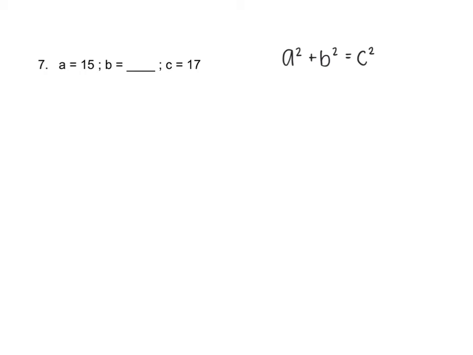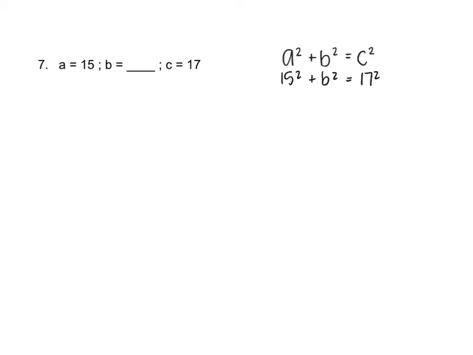For question 7, we're given two side lengths and we're solving for the one that has the blank. So what we're going to do is just substitute in these values for our variables in the equation we can use for the Pythagorean theorem. So I'm going to change this to 15 squared plus b squared equals 17 squared.